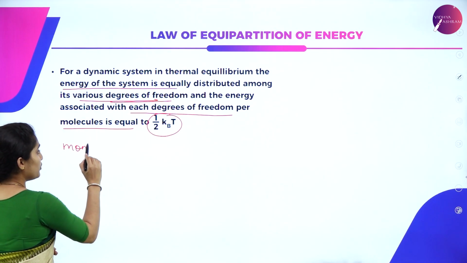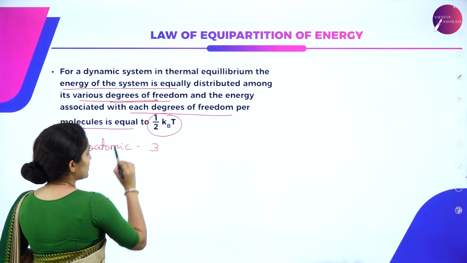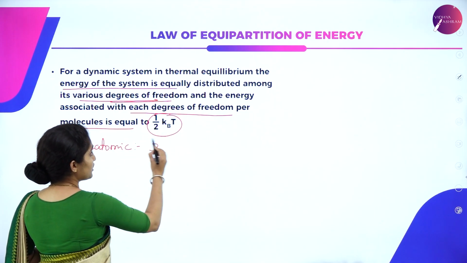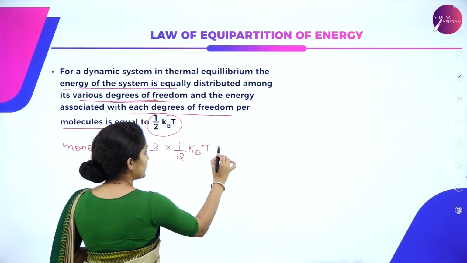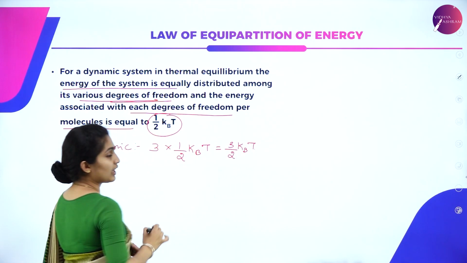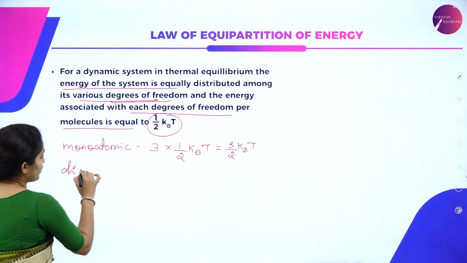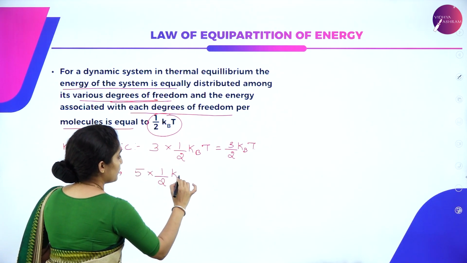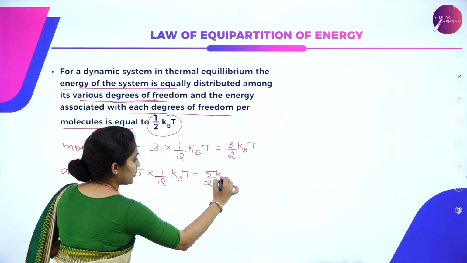For a monoatomic gas, the degrees of freedom is 3 and each degree of freedom will have the energy equal to half kBT. So it is 3 by 2 kBT, where kB can also be written as R by Na. Next, for diatomic gases, you have 5 degrees of freedom, so 5 by 2 kBT.